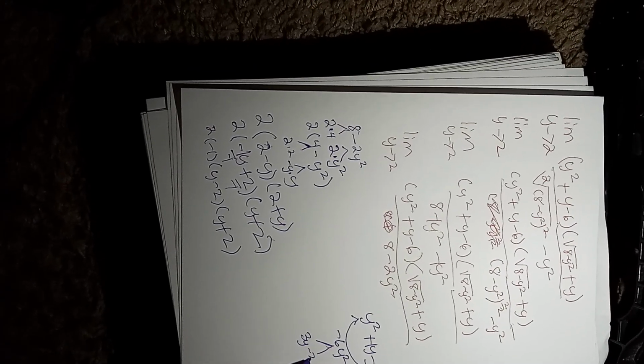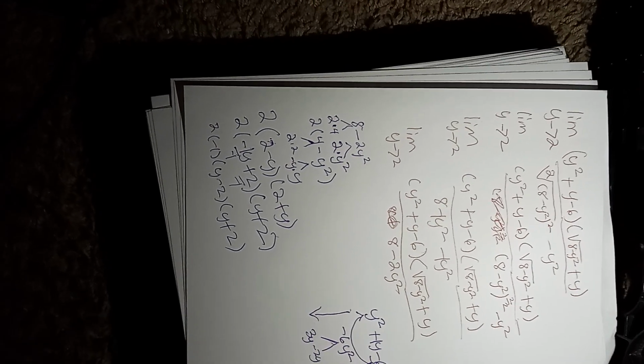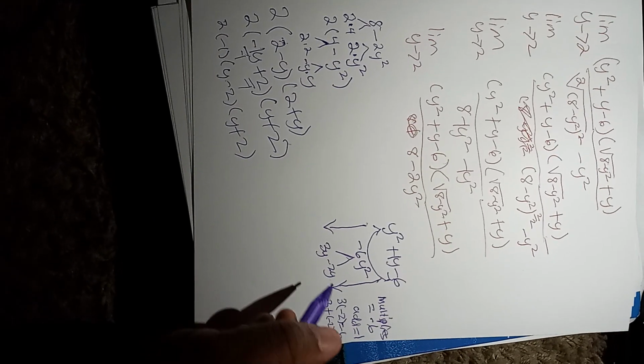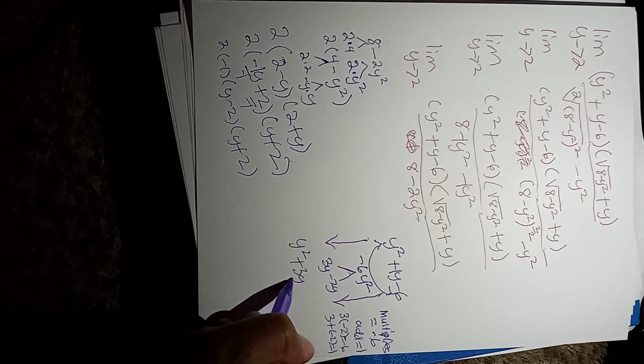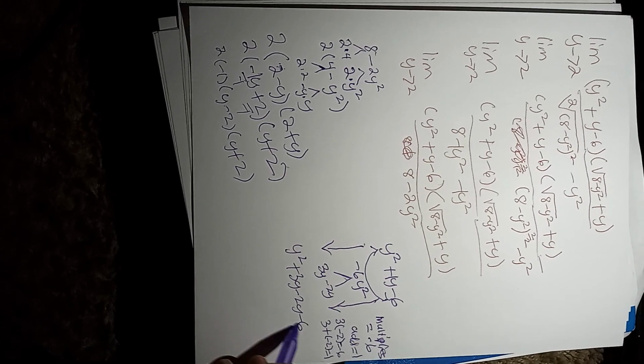So it's 3y minus 2y. So we bring down our first and third terms. So it's going to be y squared plus 3y minus 2y minus 6.